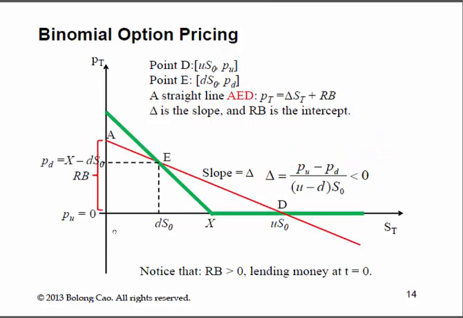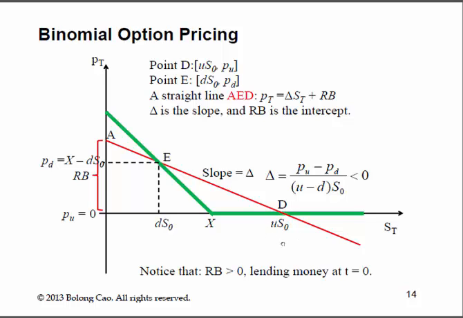Okay. Now this is the picture for the put option. You still have the up and down. There's the downstate payoff for the put option, and in the upstate, we assume the strike price is between the upstate underlying expiration price and the downstate underlying expiration price.